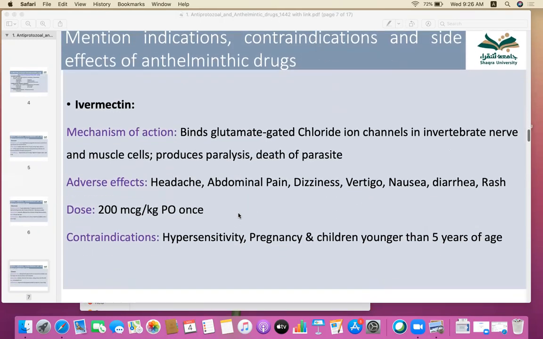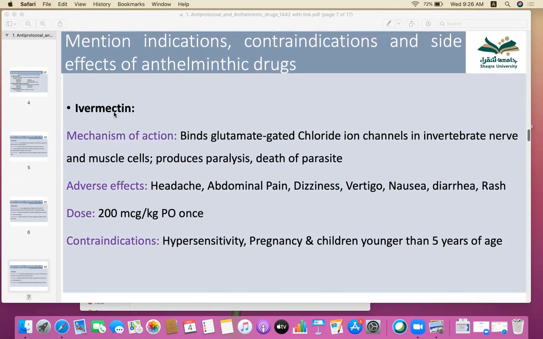Ivermectin. Now ivermectin is generally an investigational drug for the management of COVID-19. Ivermectin is also given off label by various physicians in the management of COVID-19, but it is not an approved one.